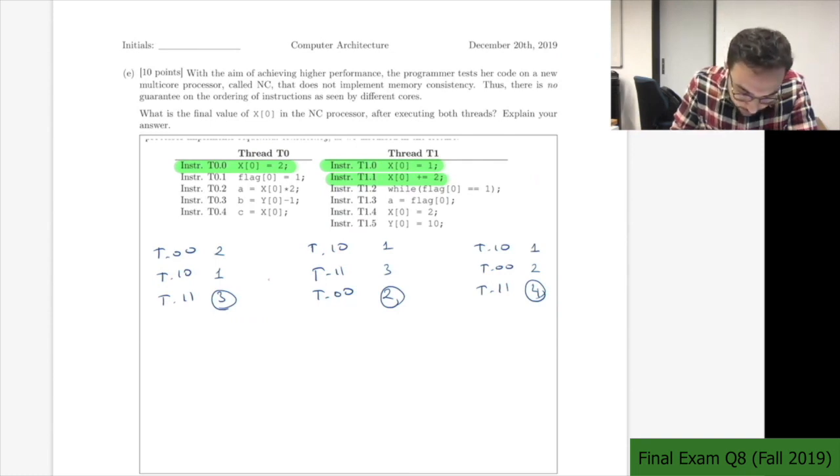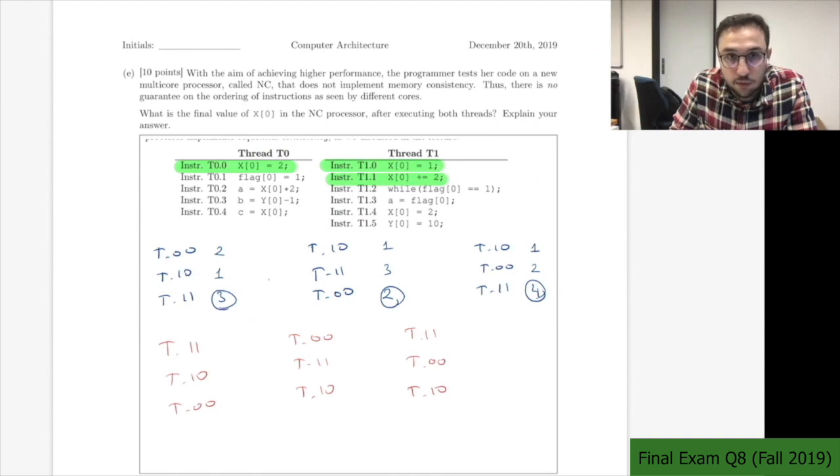Therefore, it implies these: T11, T10, T00; T00, T11, T10; and T11, T00, T10. Let's calculate what x0 gets in these three combinations.